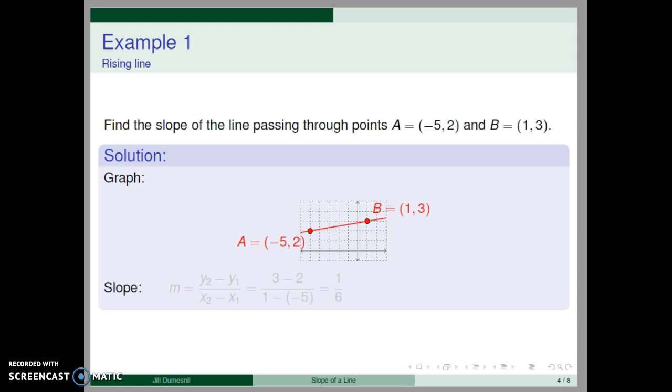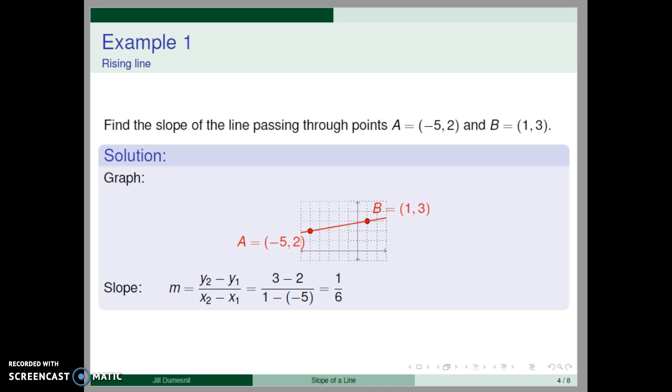What we are asked for in this problem is the slope. The slope formula is the difference in the y-coordinates over the difference in the x-coordinates. We take our ending y value minus our beginning y value on top, that's 3 minus 2, and our ending x value, 1, minus our beginning x value, -5, on the bottom of the fraction.